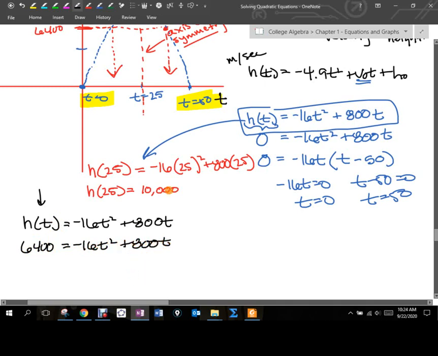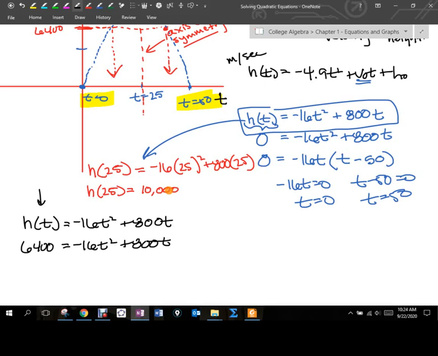So our goal is to try to figure out what the t value is when that height is 6,400. Okay, so whenever they ask you, when did it reach this particular height, then you plug that particular height in for h of t and then solve for t, and that will tell you the when.